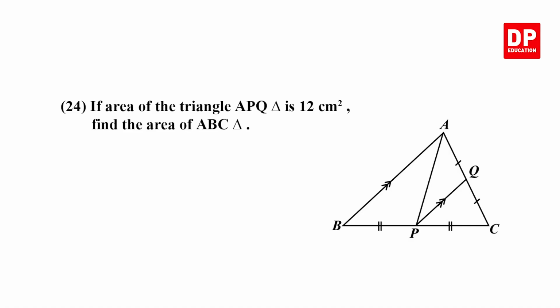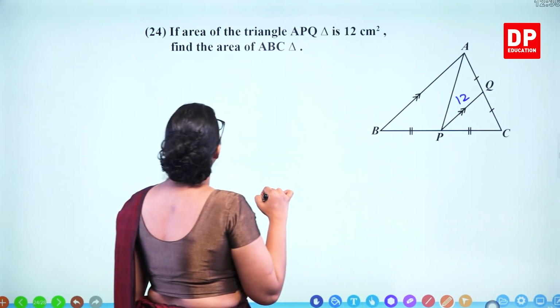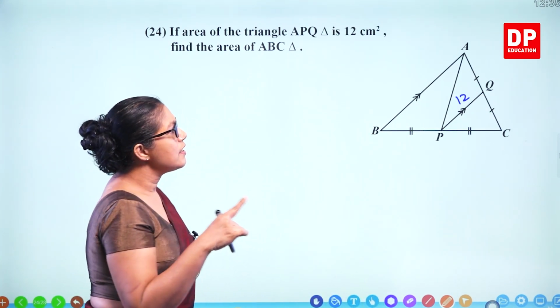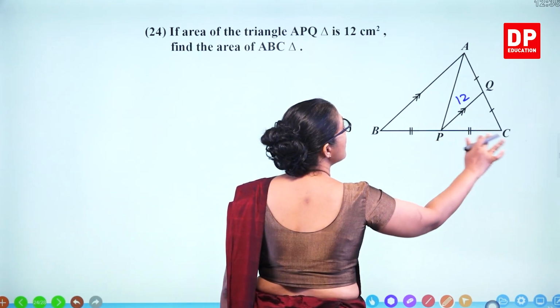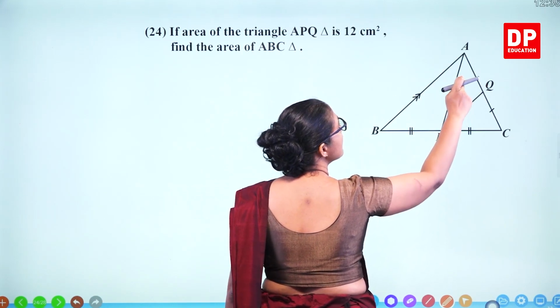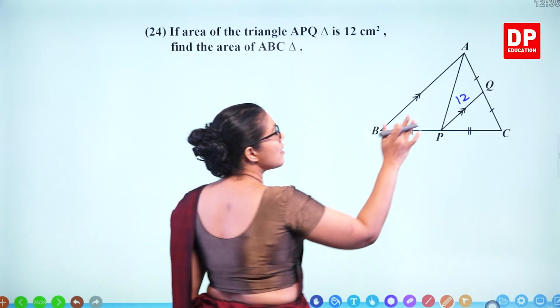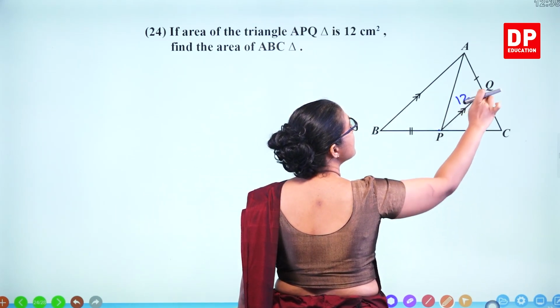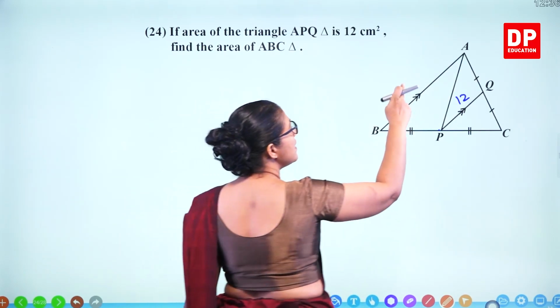Question number 24. If area of the triangle APQ is 12 square centimeters, find the area of ABC triangle. Now look at carefully. This is the midpoint and these two lines are parallel. So according to midpoint theorem, this length and this length, you can say this is double as this.